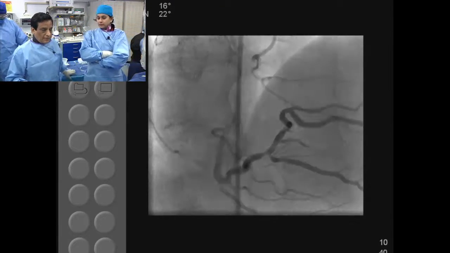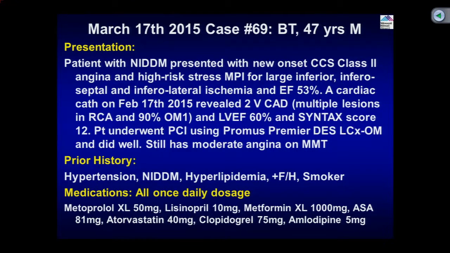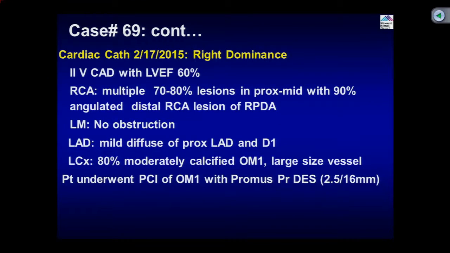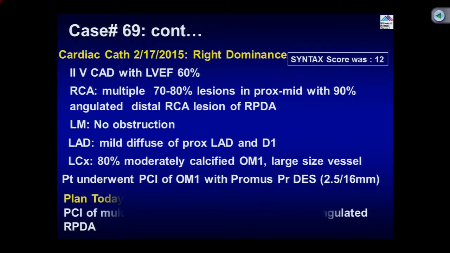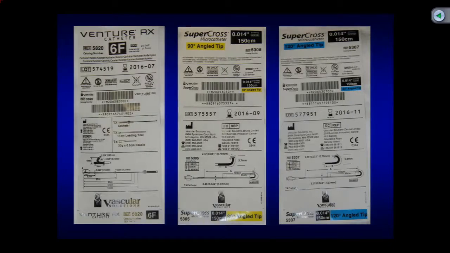If we can go back to our slides, the patient is on optimal medical therapy. These are the angiography we have showed, multiple lesions in the right coronary, proximal and mid, moderate, and of course the SYNTAX score was 12, and the patient is here for PCI. Now one question is that in this angulated lesion we have a few devices at present available. One is the Venture, then Supercross at 90 degrees and 120 degree angle.